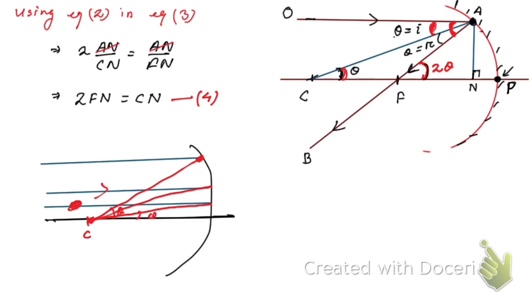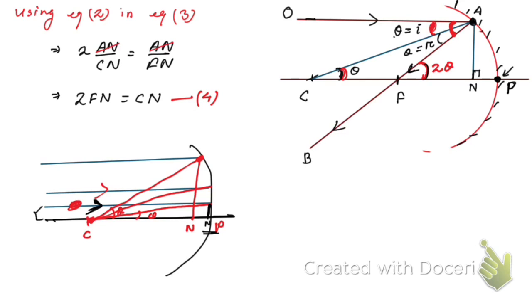In this case, if you draw the perpendicular from here, then this point is far away from the pole. If you draw the perpendicular from this point, it is very close to the pole. Similarly, if you draw the perpendicular from the incident point of this line, which is very close to the principal axis, then this n is very close to P. So we are actually considering this case.